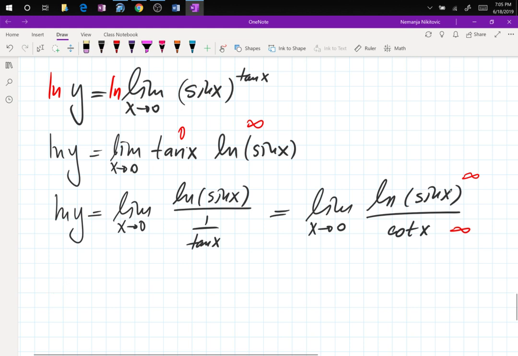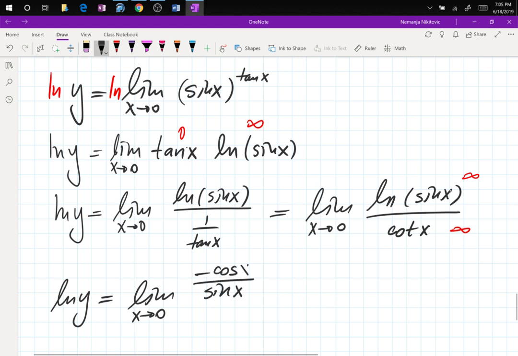ln y is equal to the limit x goes to 0. The derivative of ln, we write the function here. Its derivative goes on top. Derivative of sine is positive cosine, divided by derivative of cotangent, which is negative cosecant square x.